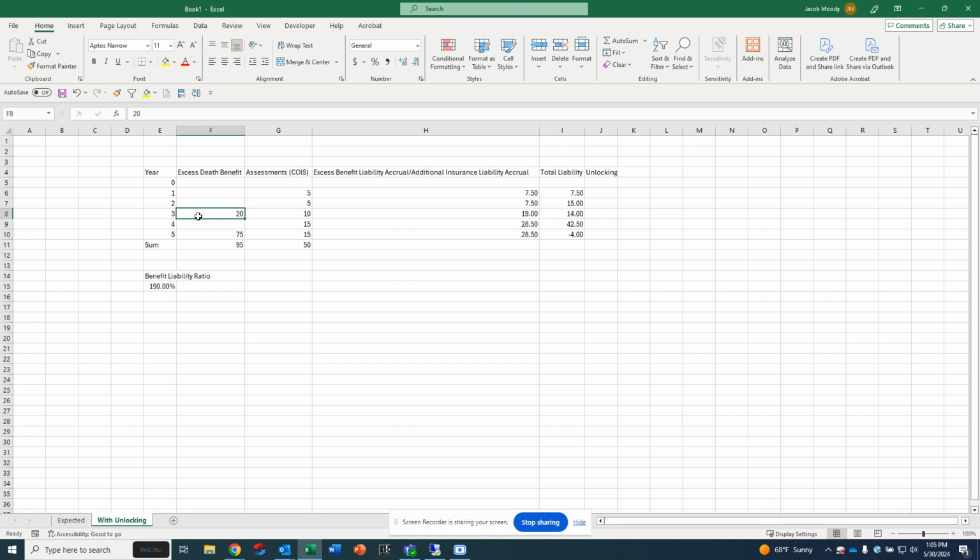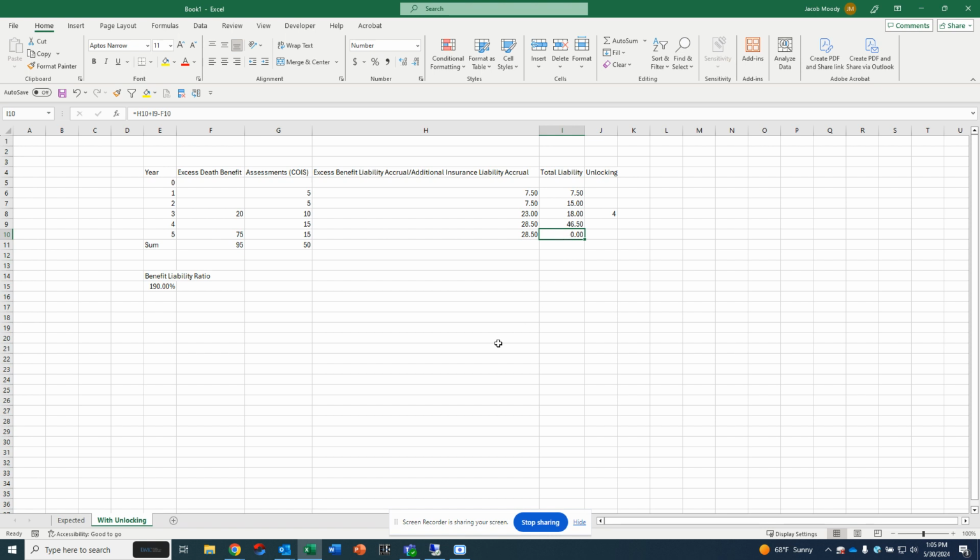So here at year 3, I need to do an unlocking. I'm short by 4, so let's add 4 right here. Again, if you have a discount factor involved or an interest rate, it can't just simply be 4. But for simplicity's sake, I get to just add 4. And now my total liability, once I pay the excess death benefit, my ALE is 0 at the end of this period.